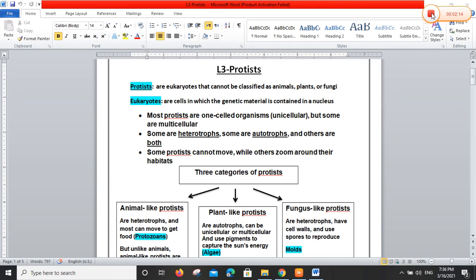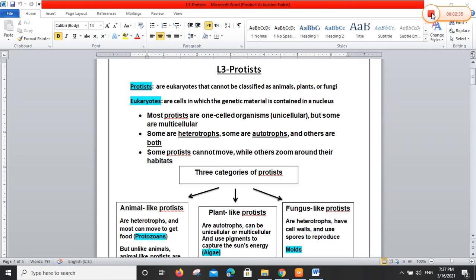When we speak about animals, I know all animals are heterotrophs. Also, animal-like protists are heterotrophs. Animals move to get food, and animal-like protists can also move to get food.